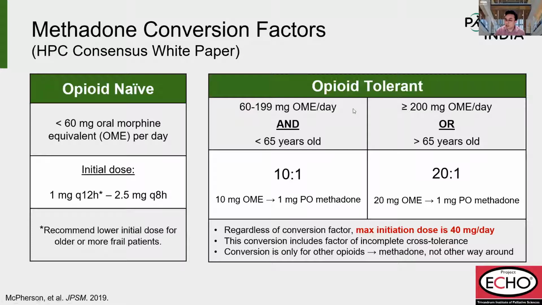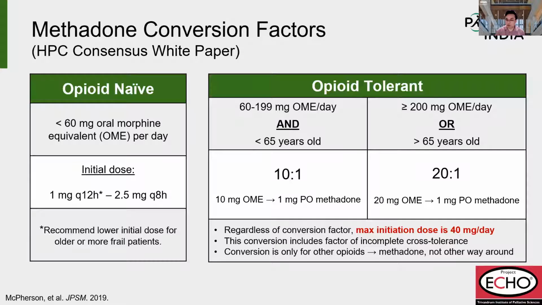The key recommendation is if patients are using anywhere from 60 to 199 milligrams per day of oral morphine equivalents, and they are less than 65 years old, then we would do a conversion of 10 to 1. When we do this conversion, this is a one-way conversion. It never goes back the other way around. So it's always morphine to methadone.